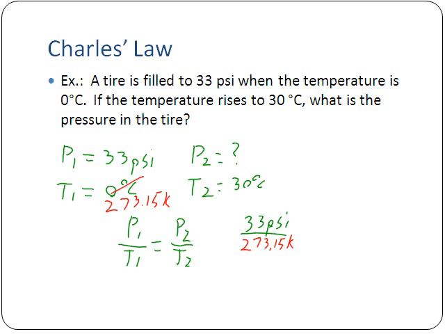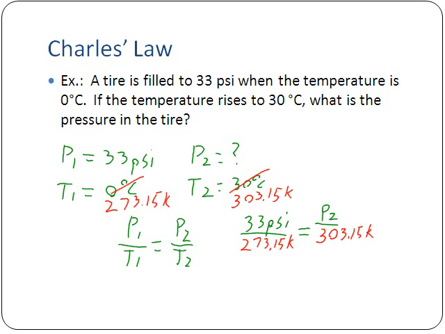Then we set up the rest of the equation: equals P2, which we do not know, over T2. T2 is 30 degrees Celsius, but that is not in Kelvin, so we have to add 273.15, and we get 303.15 Kelvin.